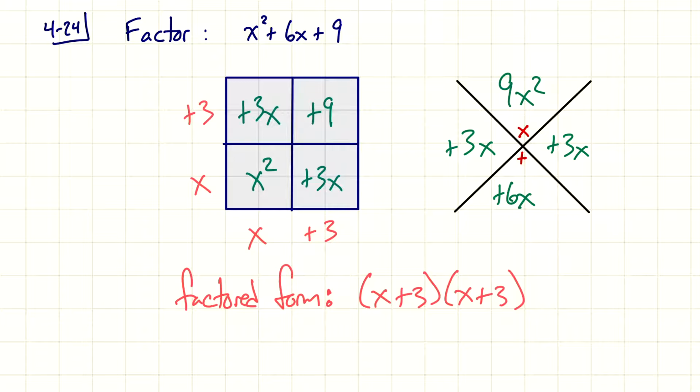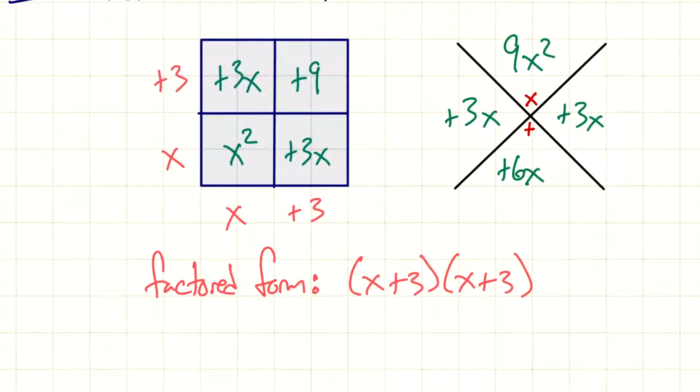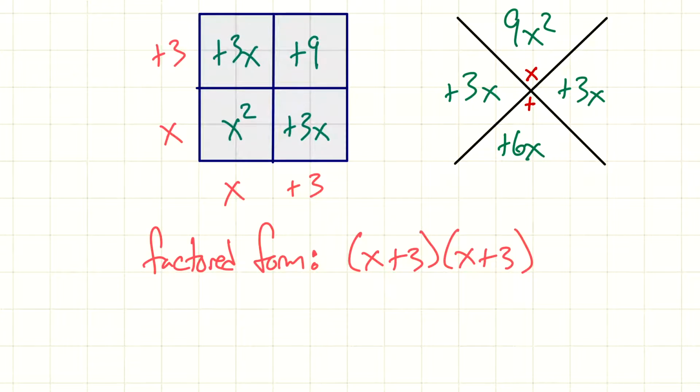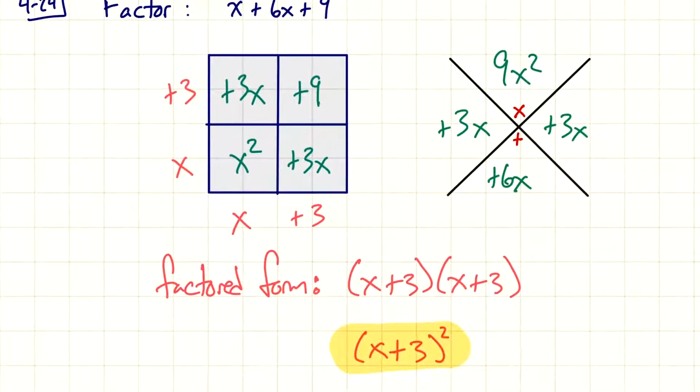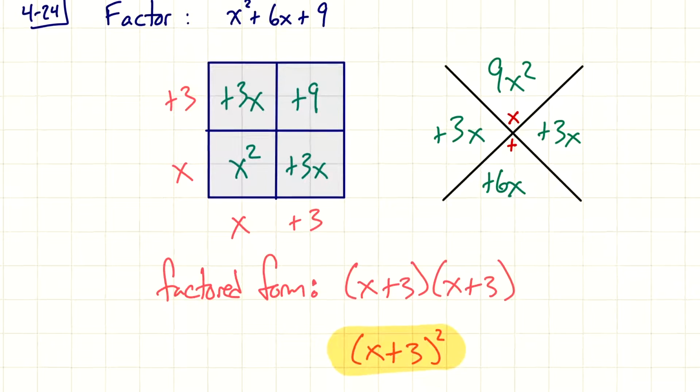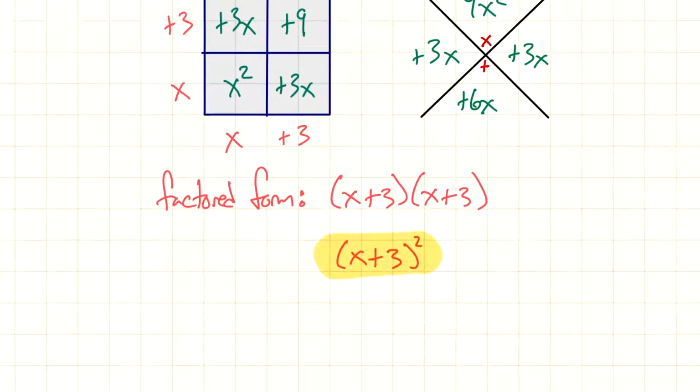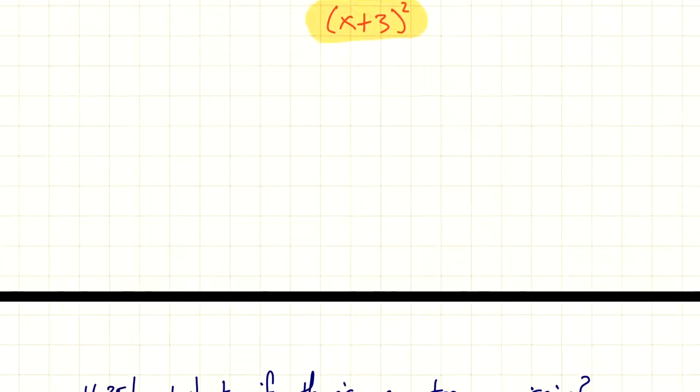So even though it can be written like this, it could also be simplified to be written as x plus 3 squared. All right, so you might notice it two different ways. I'm showing you this for a reason because this is going to come up a little bit later. All right, so in that case, since they are the same, you want to make sure you simplify it as well. All right, so that's kind of a review of that.